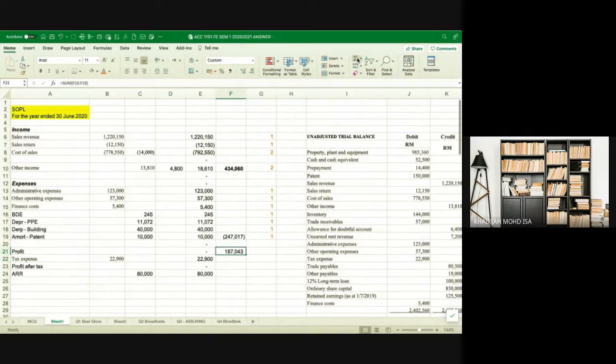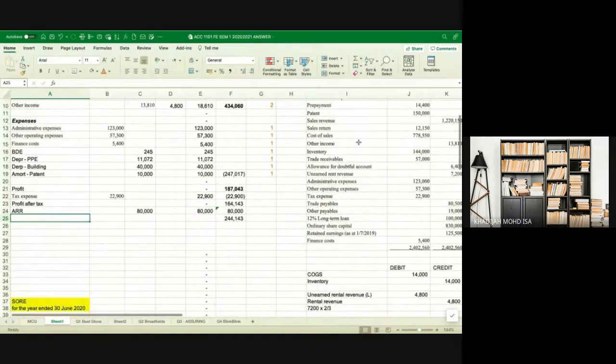Right, 187, but then you also have your tax expense, add on that one, and profit after tax, you just add these two items, and then you have the ARR, which is an income, and then you add this one.